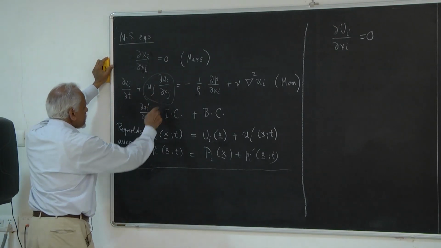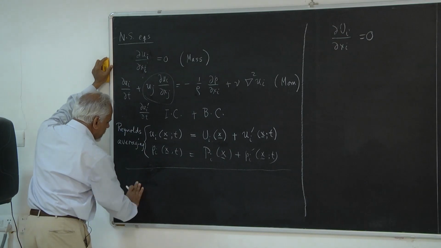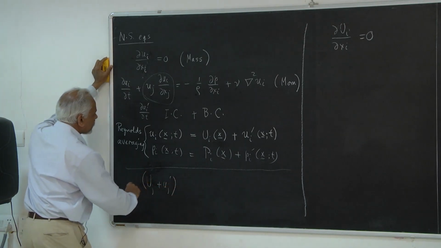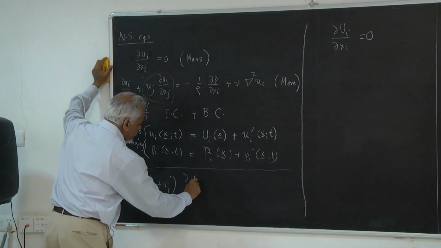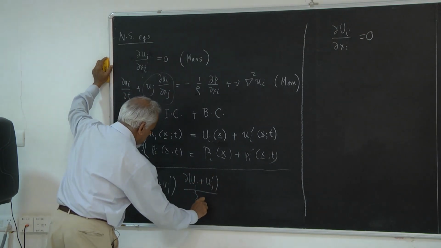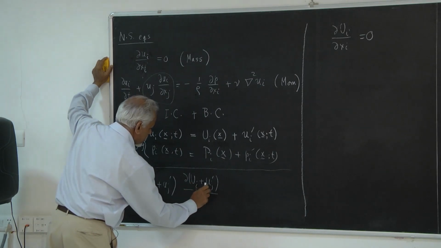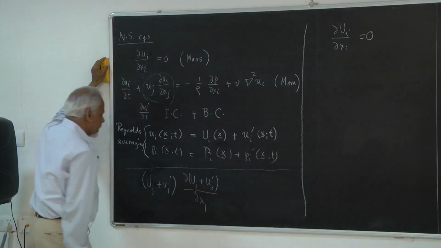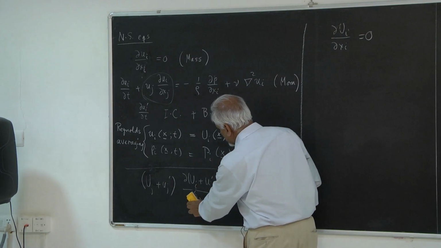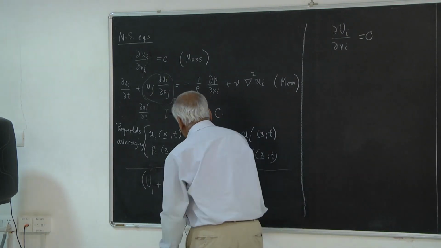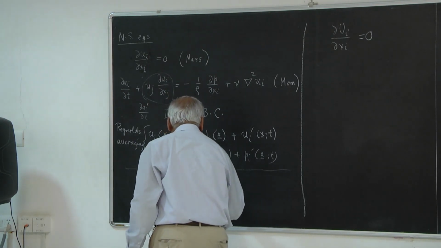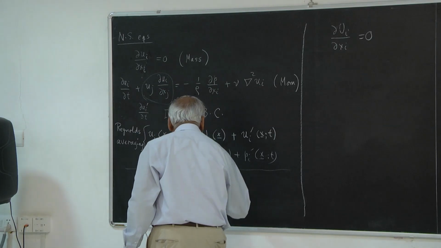So now let's take this here. So uj I write as Uj plus uj', and dui/dxj, excuse me, is really equal to the sum of two terms, dUi/dxj plus dui'/dxj.